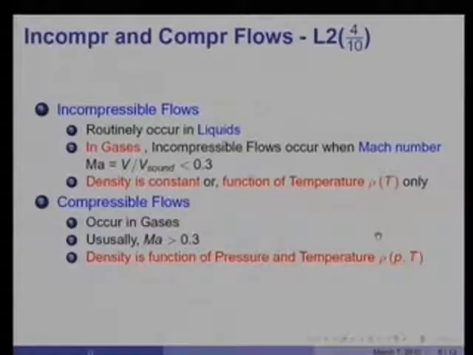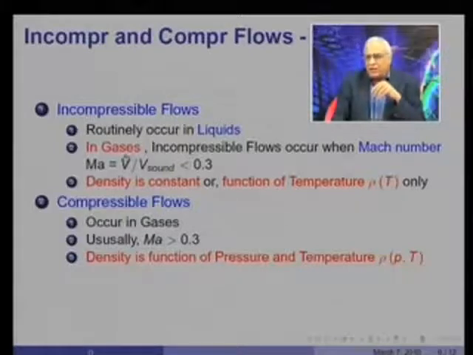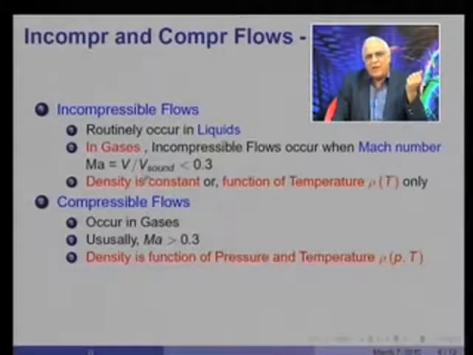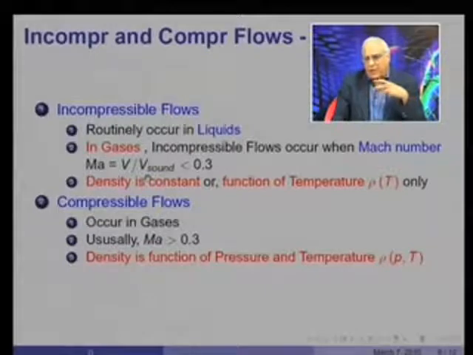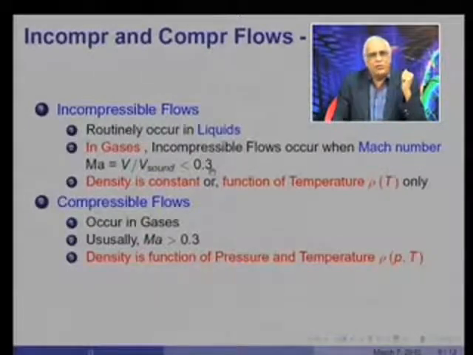A third classification is incompressible and compressible flows. Now, of course, incompressible flows routinely occur in liquids. We all know liquids are incompressible. The distinction is really applicable to gaseous flows. In gases, we say the gas flow is incompressible if the Mach number, defined as the velocity of the fluid divided by the velocity of the sound in that fluid, is less than 0.3.